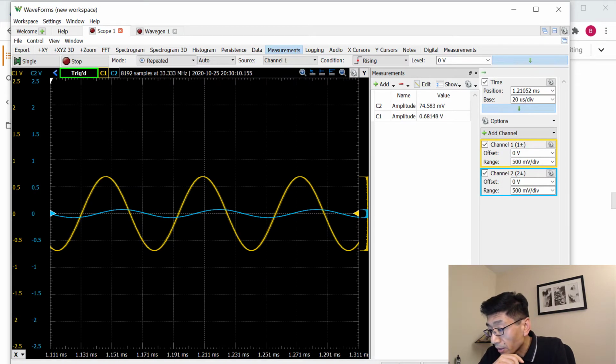I have a measurement here. C2, that's channel 2, the blue one, is 72 millivolts, and the input is 681, so almost 10 times smaller, right? 9 times maybe, so less than 20 dB. 10 times is 20 dB, but that seems like quite a bit of difference from the approximation.